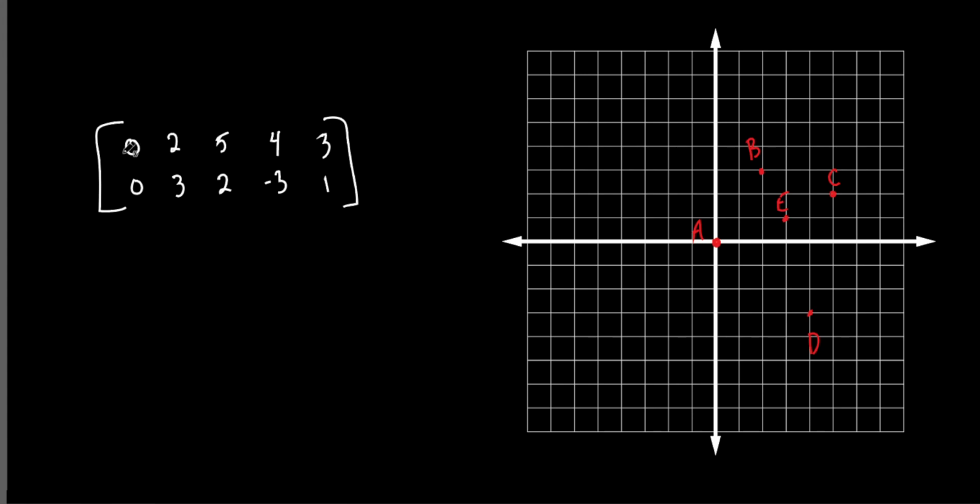This is your X, and this is your Y. I think that's what you were asking earlier. And these are just your number of points. This is point A, that's point B, C, D, and E. Again, we haven't learned enough about matrices today to do anything with them.